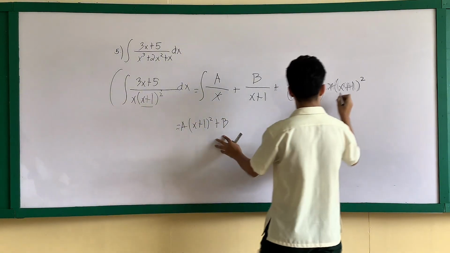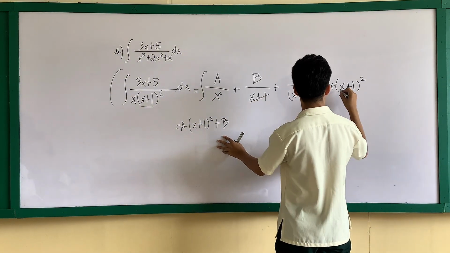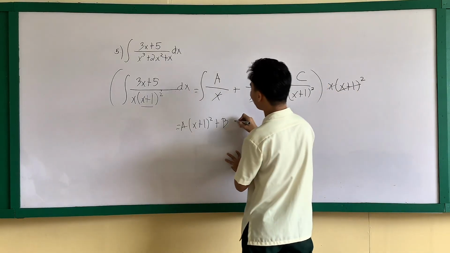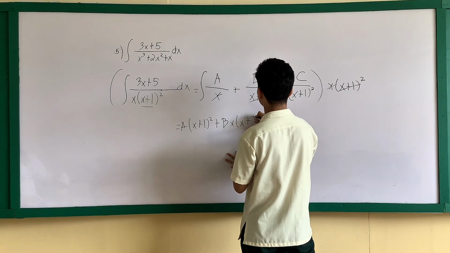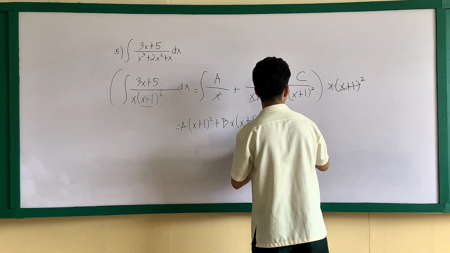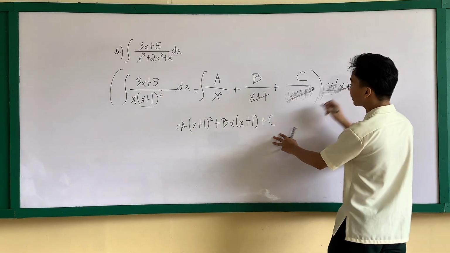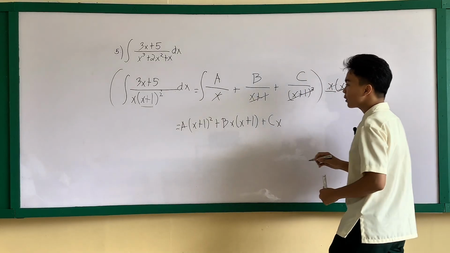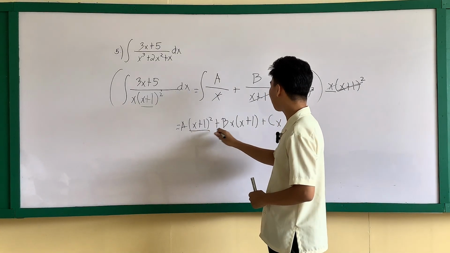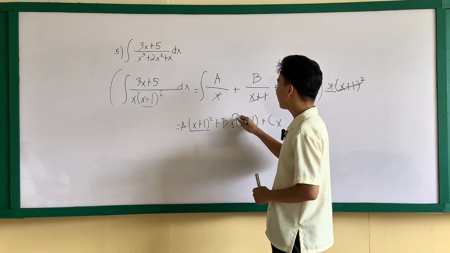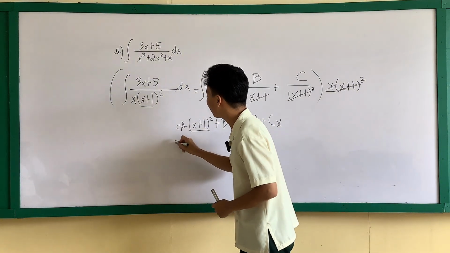Then b, cancel yung x plus 1, natira na lang is x times x plus 1. Plus c, cancel yung x squared, yung natira na lang is yung x. Then we have to expand this and distribute this x sa loob.